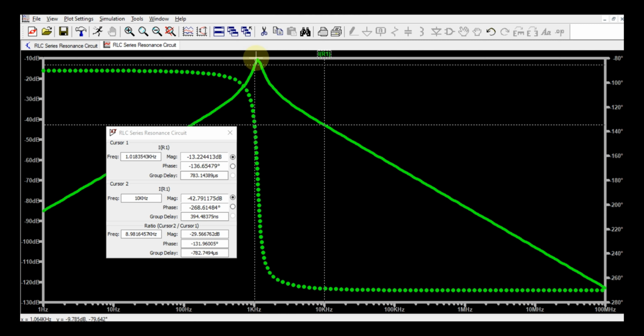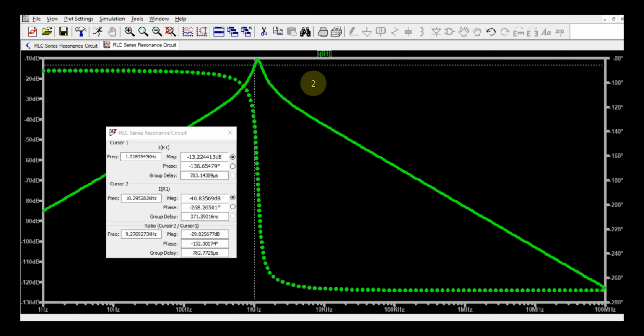That means here your maximum output is minus 10 dB, so minus 3 dB point is minus 10 dB minus 3 dB. So you have to adjust your cursor at minus 13 dB, and you can see here your cursor is not exactly at minus 13 dB, but it's close to minus 13 dB.